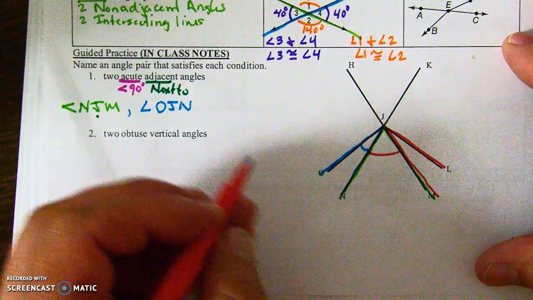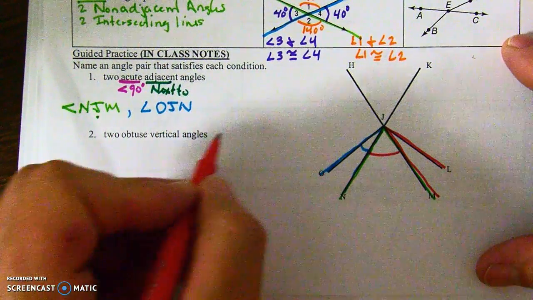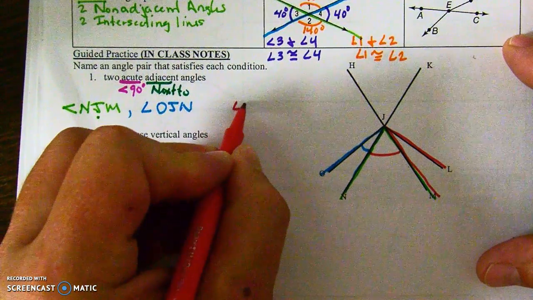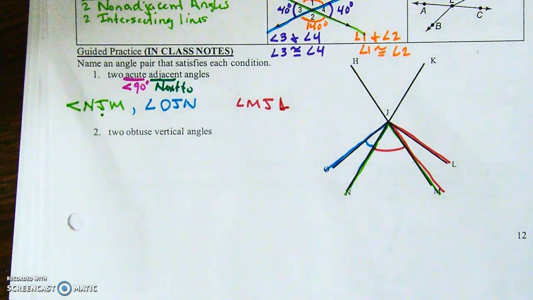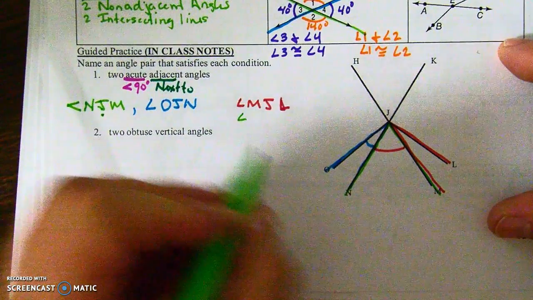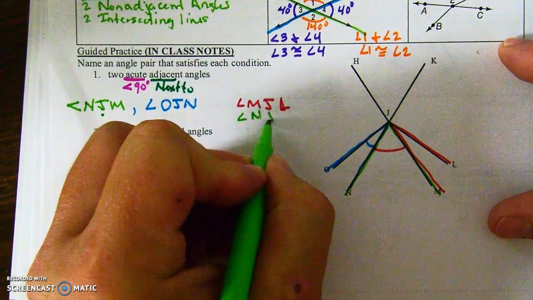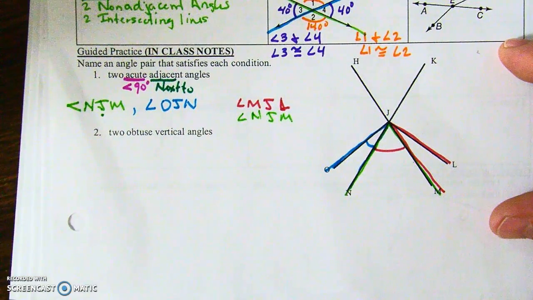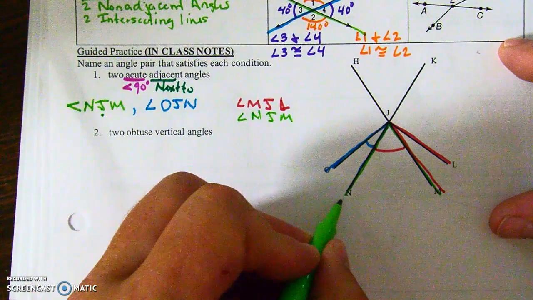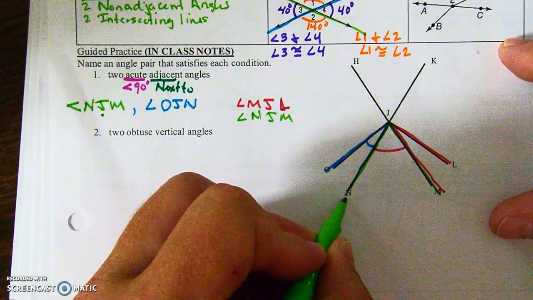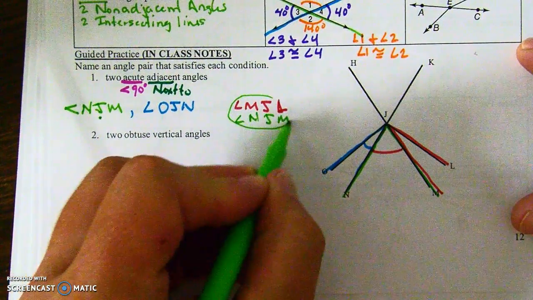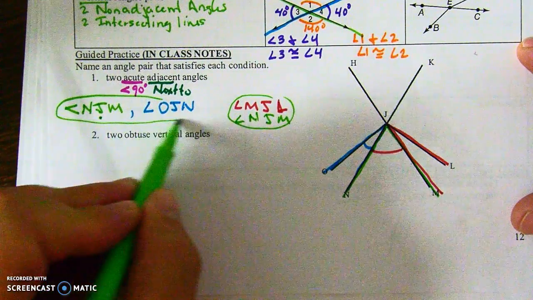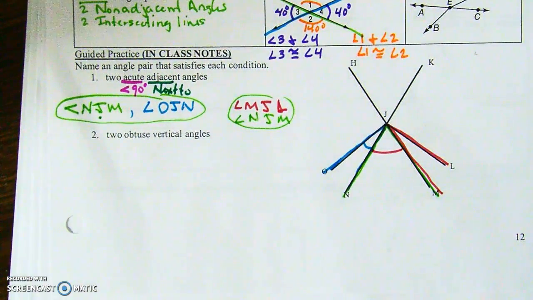So I could have also done NJQ, but we're going to go angle MJL, which is also adjacent and acute to, let's go back here, angle NJM. Okay, yeah, we got it right. Good. So this one's a match and this one's a match. So if you had written down any of those two, we would have been okay with that.